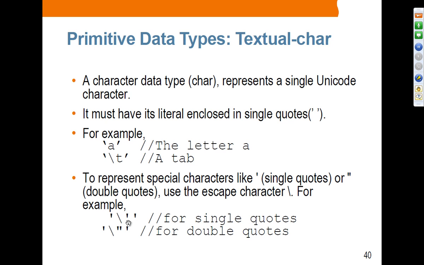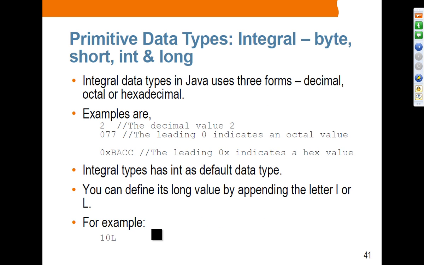If you don't, it will be considered as a starting or ending single quote or double quote. For the byte type, here 2, or 077, or 0xBAA. These are all possible literal values.